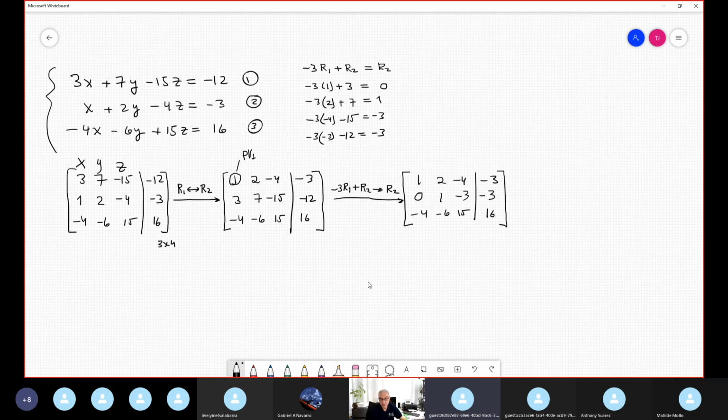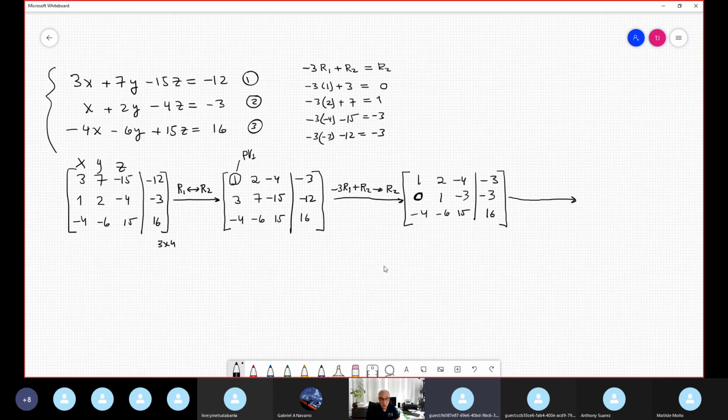Yes. Okay. Do you have some idea what is the next operation that you should do? Remember the strategy of the Gauss elimination. I create the first pivot here, right? Now I need to create the second pivot below. When I finish the first column, I move on to the second column. Okay?